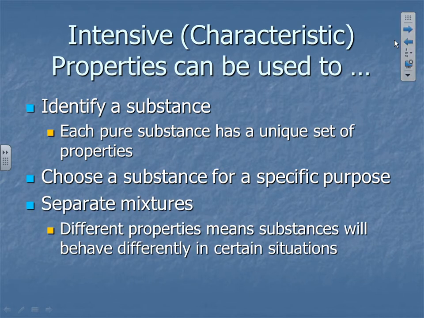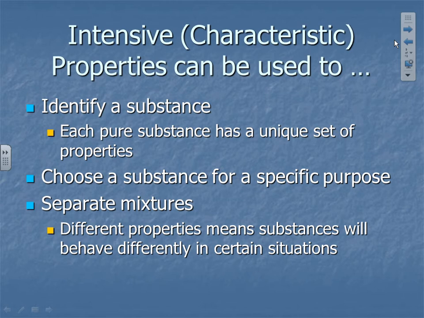Third, we can separate mixtures. Different properties means that substances will behave differently in different situations. We gave you an example of separating substances based on density. We might also separate substances based on, let's say, boiling point.